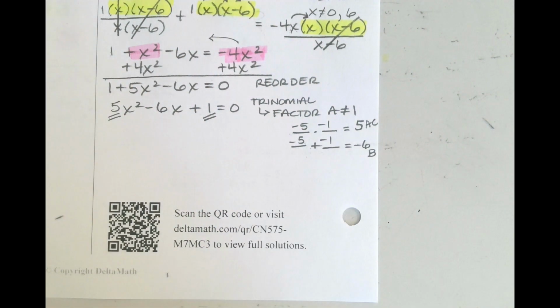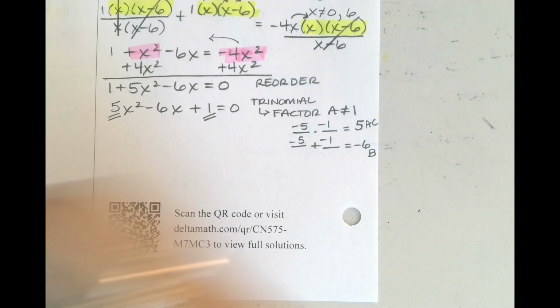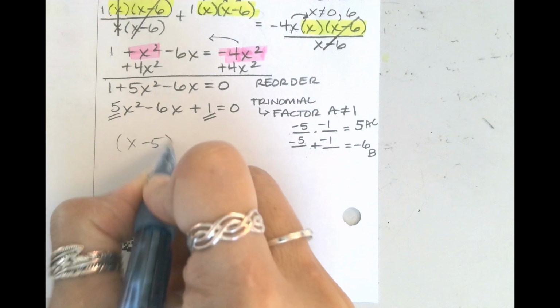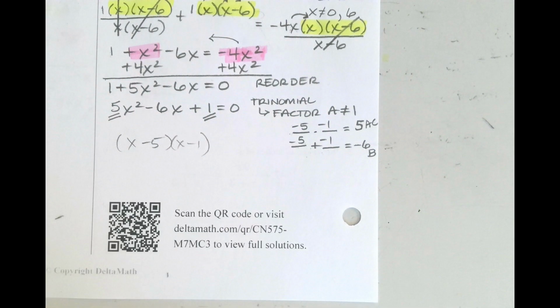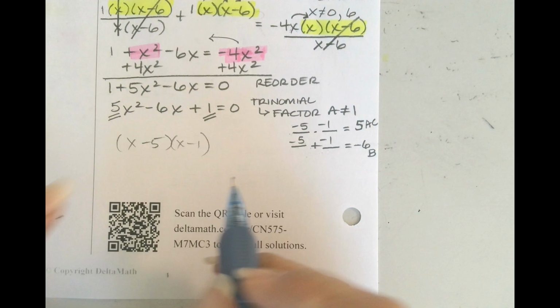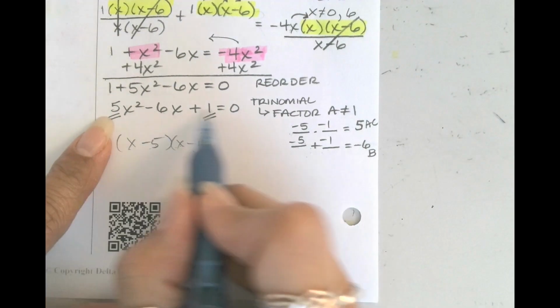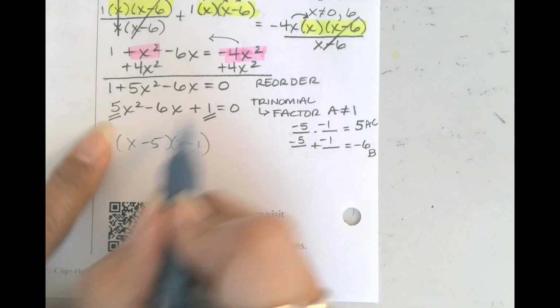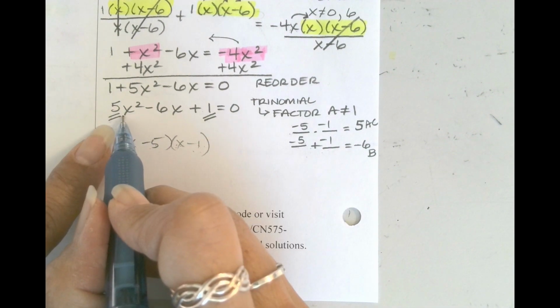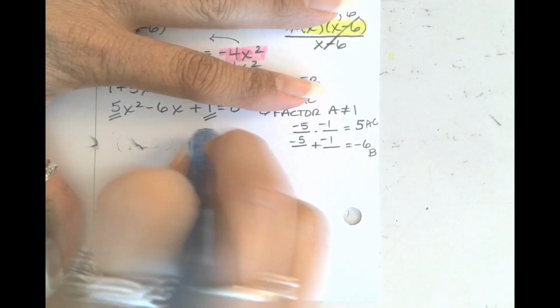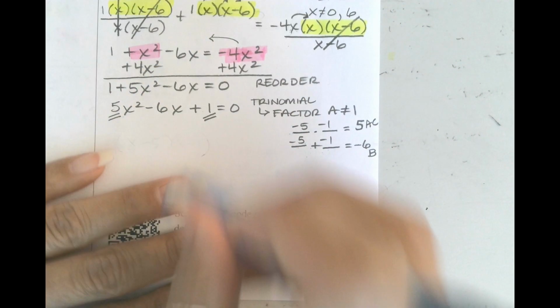When you get the answers, here's the biggest mistake students make. They mistake this for an A equals 1 process, and they go x minus 5, x minus 1. They write the answers immediately. But that doesn't make sense, because if you distribute these, you're definitely not getting that. First of all, x times x is x squared, and you don't have that. So you can't do that when A is not equal to 1. You want to factor by grouping.